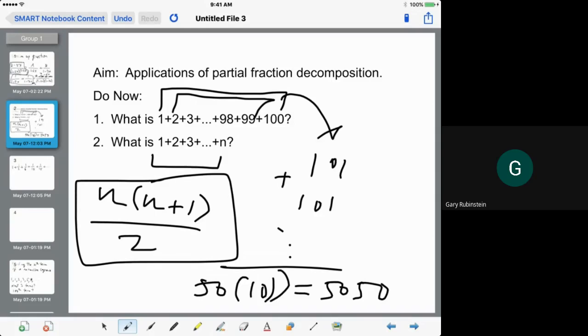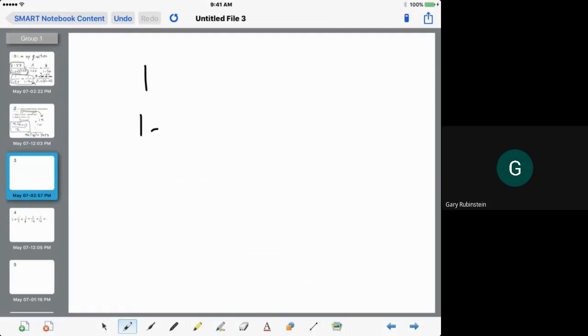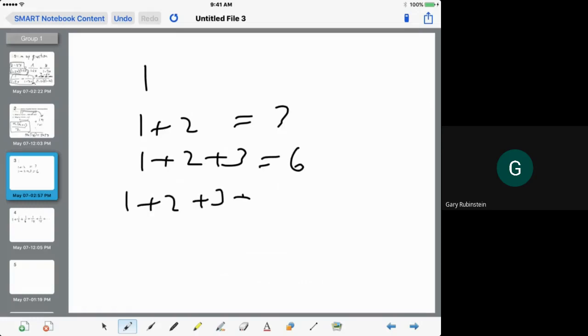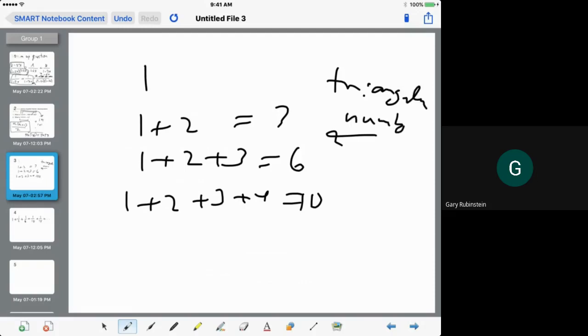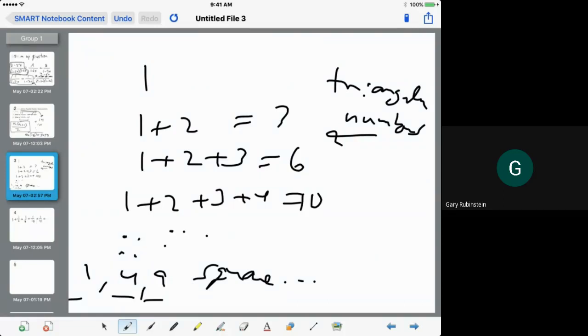When you add up consecutive numbers, like 1 or 1 plus 2 or 1 plus 2 plus 3, so the numbers 1, 3, 6, 10, traditionally those numbers are called triangular numbers. Just like 1, 4, and 9 are square numbers. The reason it's called a square number is because you could literally arrange 4 dots into a nice perfect square and 9 dots into a nice perfect square.